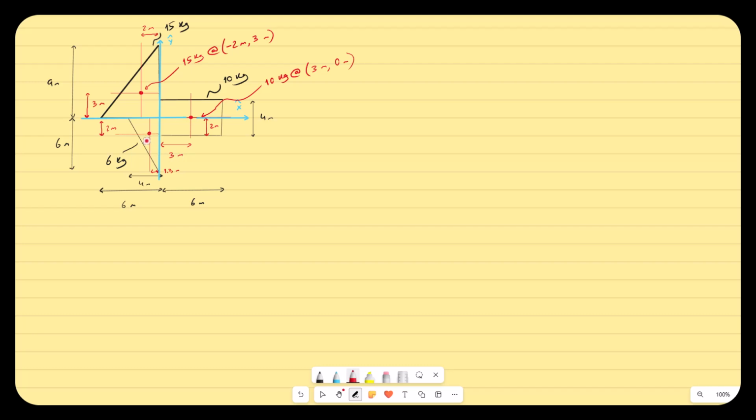And then finally, this one represents a 6 kilogram mass at an x location of negative 1.3 meters, a y location of negative 2 meters. That means this is exactly the same as this. XY.